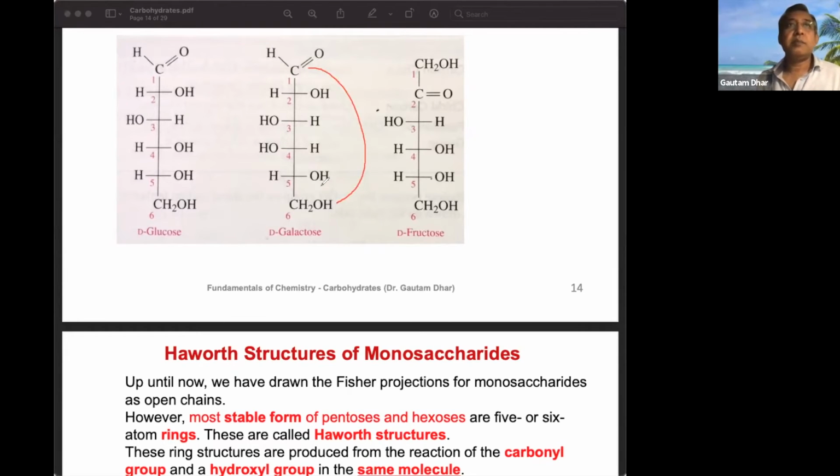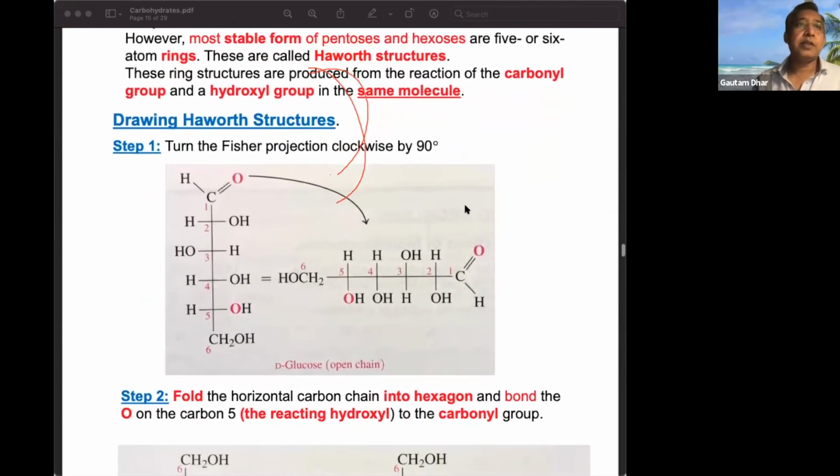Not this OH, but the one at number 1, 2, 3, 4, 5. Usually this chiral carbon forms a 6-member ring, and this is called the Haworth structure.